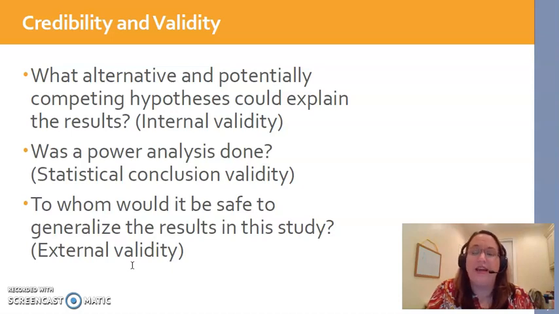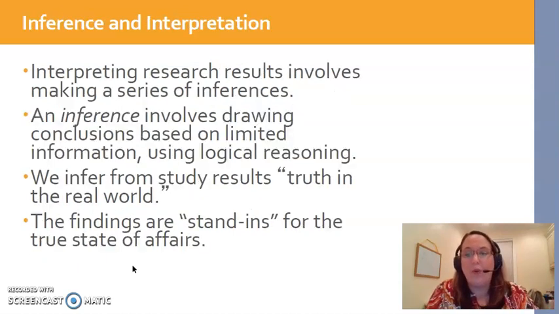And then lastly, you should ask yourself as you're reading studies, which type of people can I take these results and transfer or generalize them to? It needs to be similar to the people who were actually studied, as I mentioned before. Ultimately, we want to make inferences from this study. So remember, when we are doing a quantitative study, we are studying a sample.